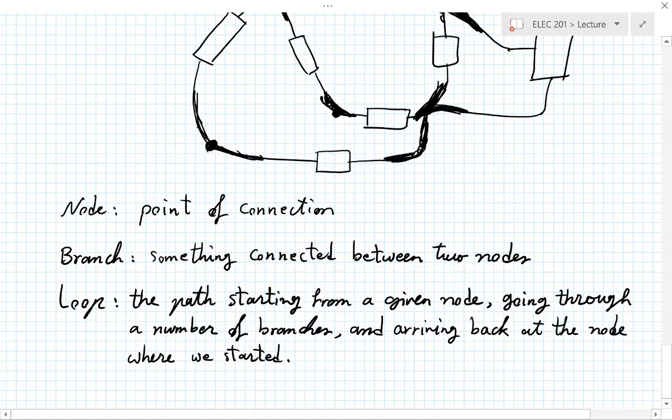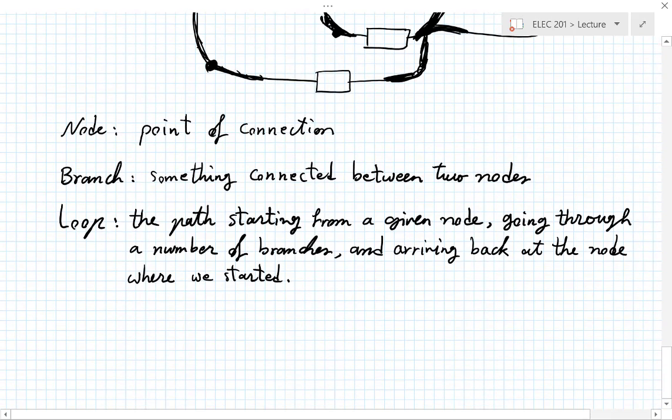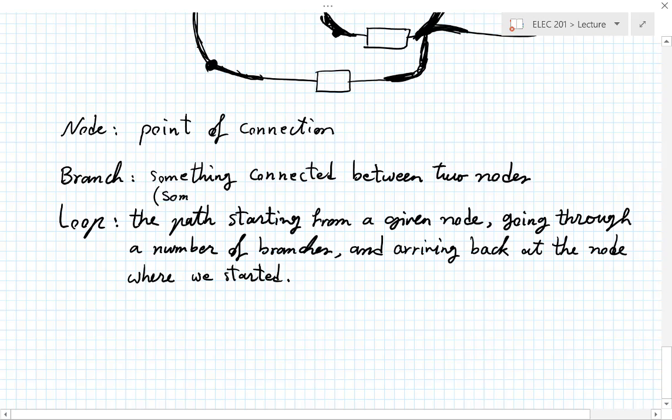But for now, if this definition here, something connected between 2 nodes, bothers you to some degree, then keep in mind that maybe this is a little bit of a loose definition, and sometimes this connection might not be apparent, or might not be obvious.